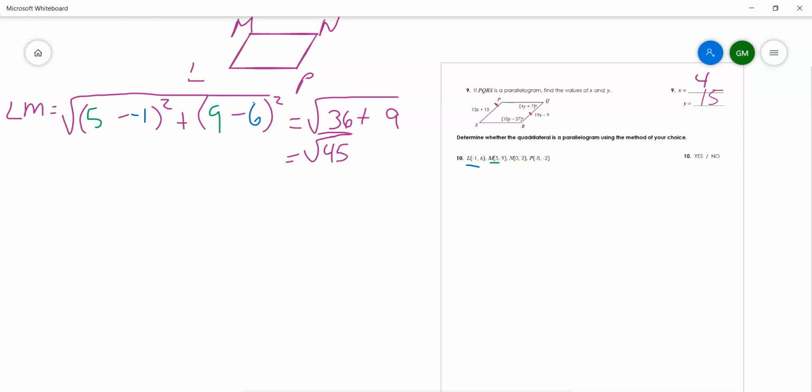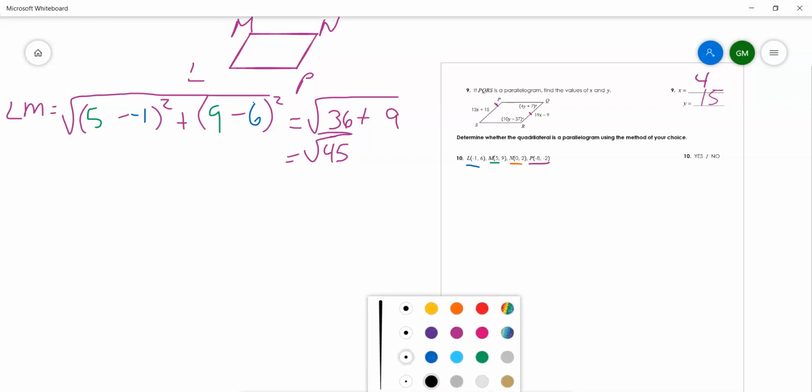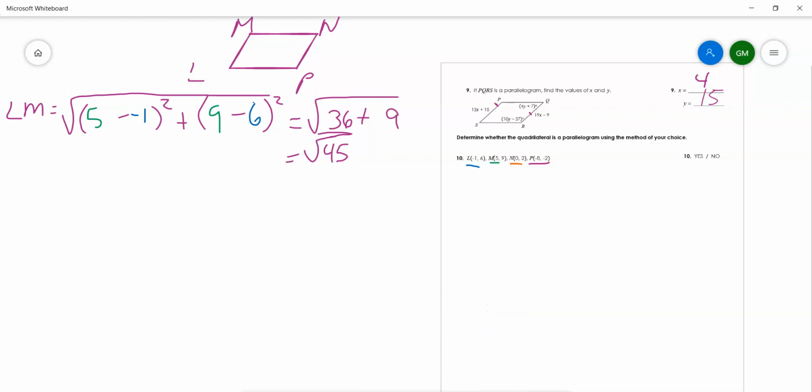Okay. All right, now we need to do NP. So I'm going to write N in that color, P in that color. This into my black pen. All right, so I got N, P, and squared.